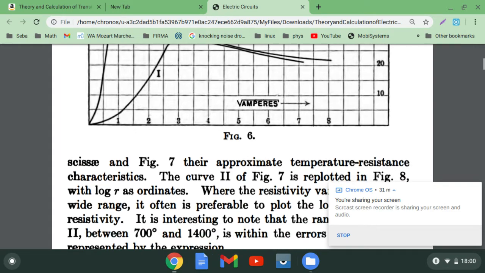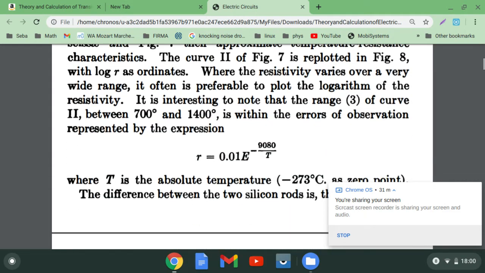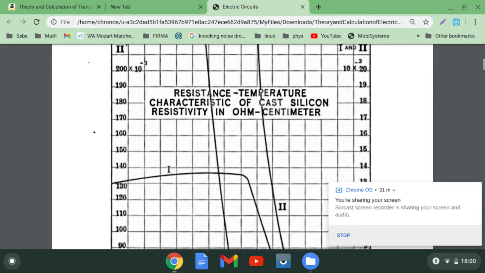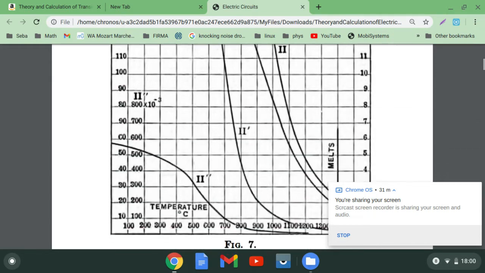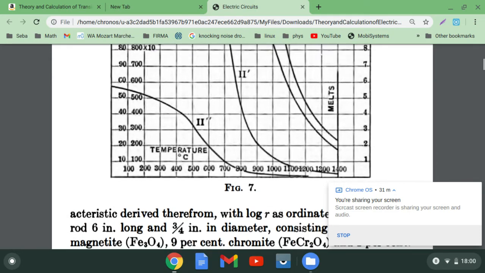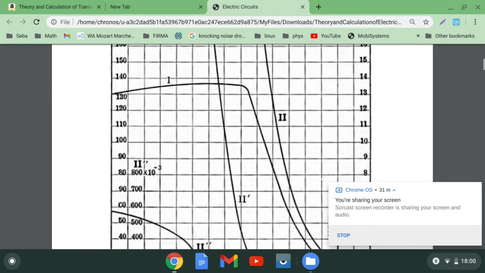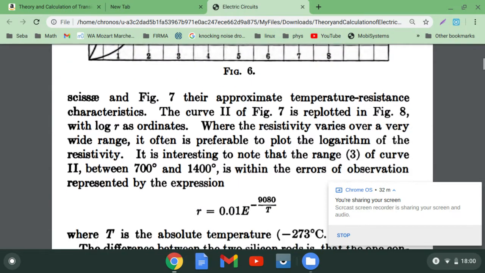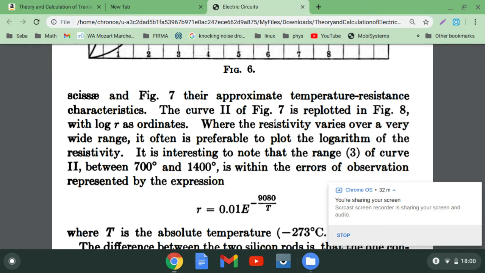And figure 7, their approximate temperature resistance characteristics. Okay, cannot be all shown, but let's read the description.